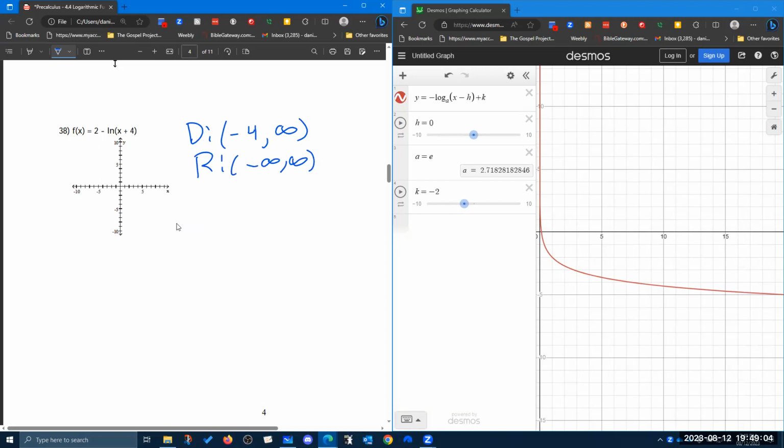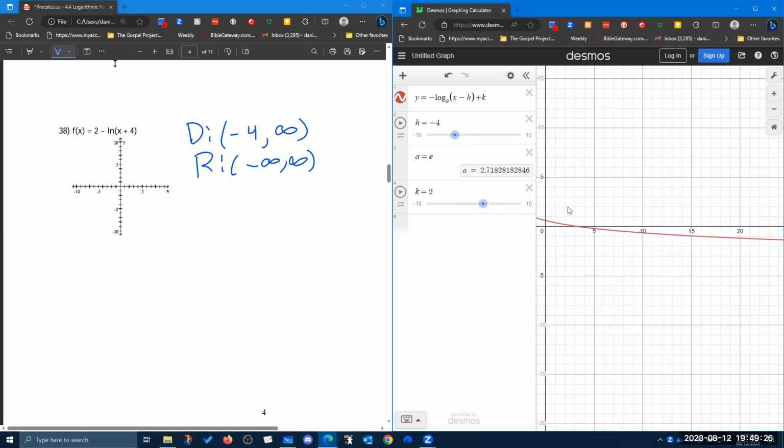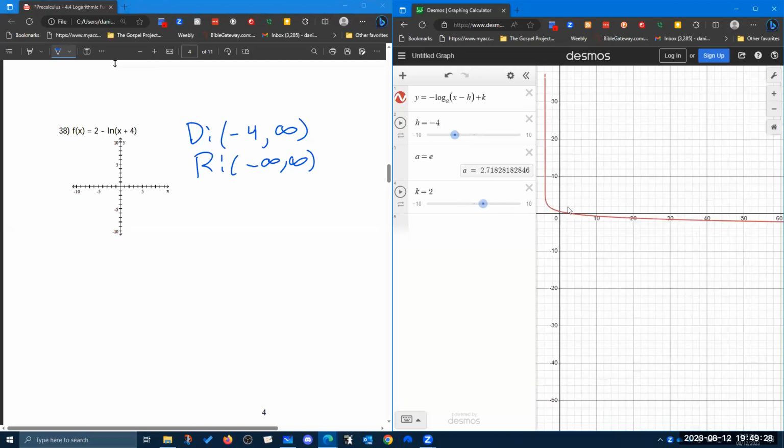And let's see what happens here when I have a negative ln of x plus 4, and then plus 2. My graph is going to look like so.